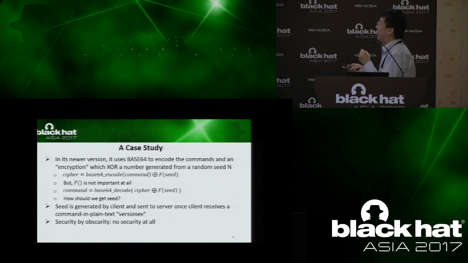So actually, if we further examine the code in the APK file, we find that if we send a plain text version, we will get the seed. So overall, we can figure out how this is done eventually. So here the thing is it actually uses a kind of protection mechanism, but it's security by obscurity. Basically, it means there is no security at all. Okay.